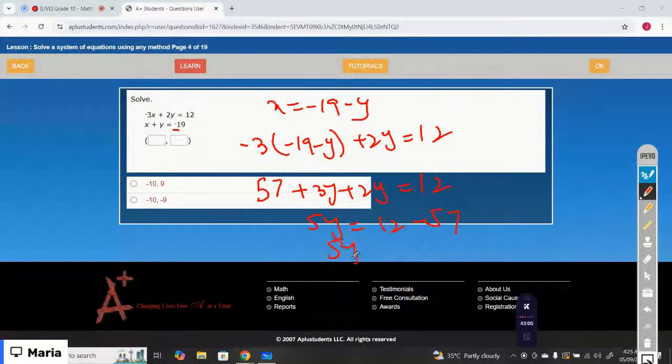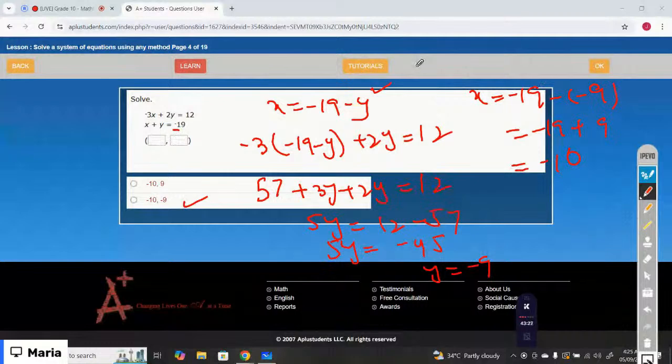So 5y equals negative 45, y equals negative 9, right? Now you can substitute negative 9 here and calculate the value of x. x equals negative 19 minus negative 9. That is negative 19 plus 9, so that is negative 10. So the correct option is option number 2. That is negative 10 and negative 9 is the correct option.